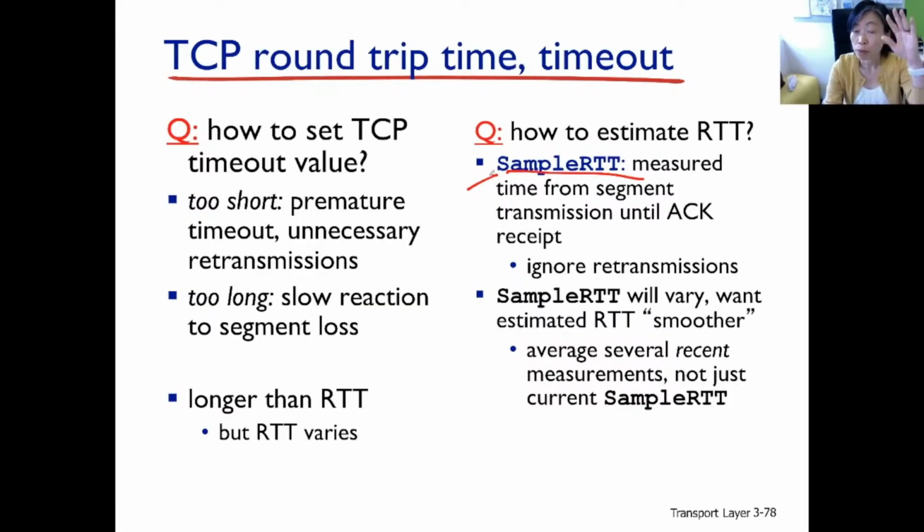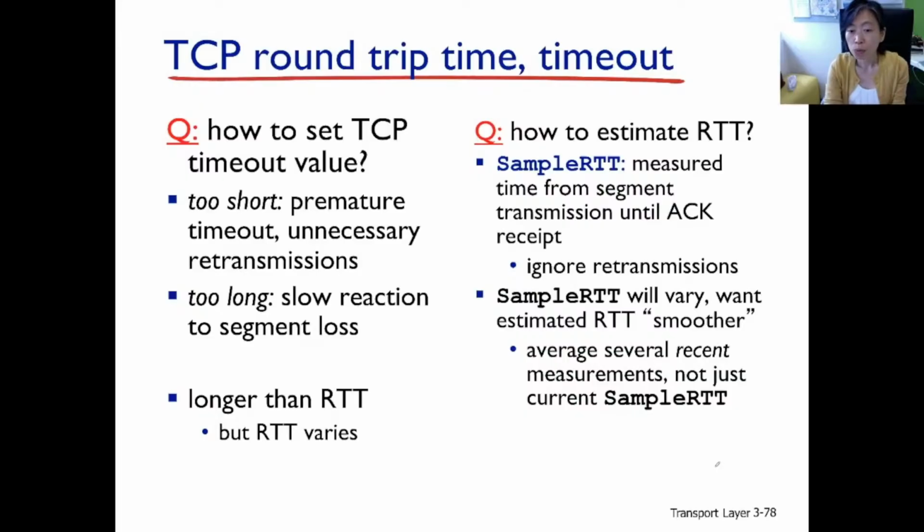There will be a lot of these sample RTTs, but we ignore the data-ACK pairs due to retransmission. Some data might get lost and therefore get retransmitted. When we receive an ACK for such data, it could be confusing: what is the right sending time to subtract in order to be sure that we are really estimating just the round trip time and not covering a premature timeout?